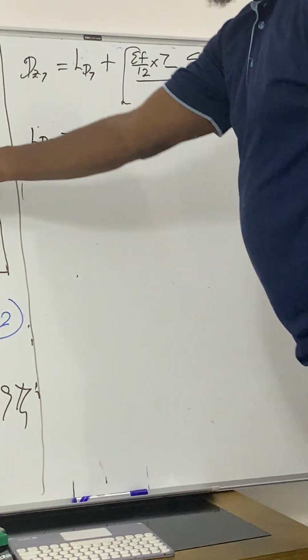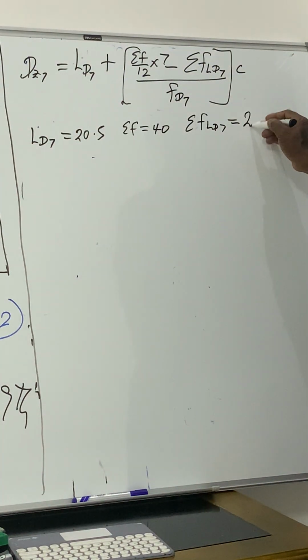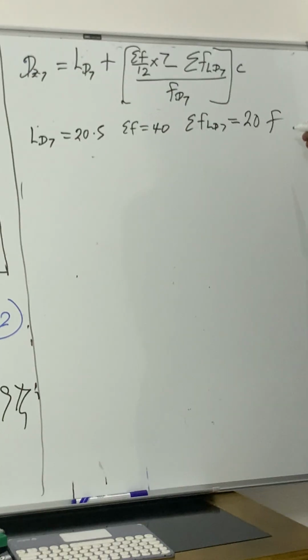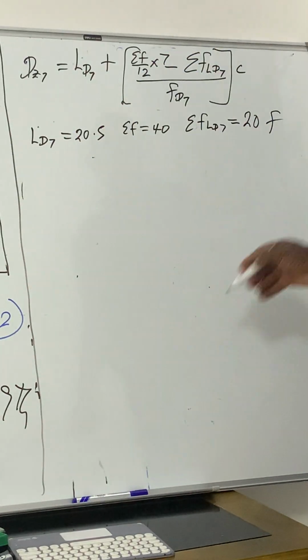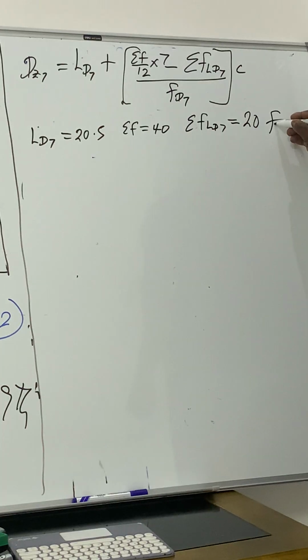If you add them together, you get 20. Then frequency in Dozile 7, if you trace it, is 5. FD7 is 5, and your class interval remains 5.